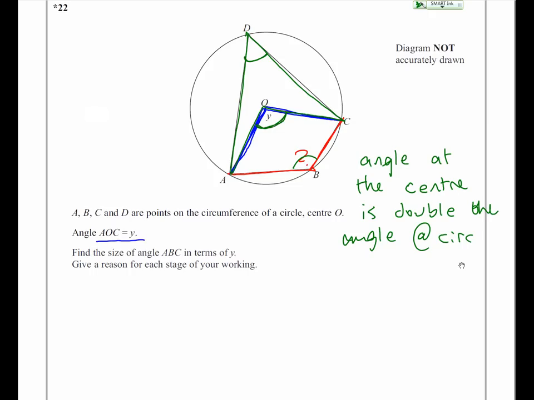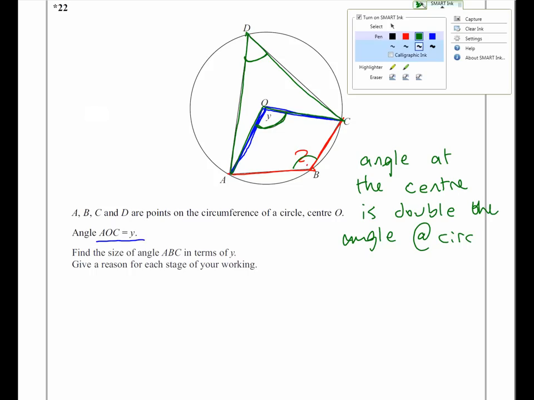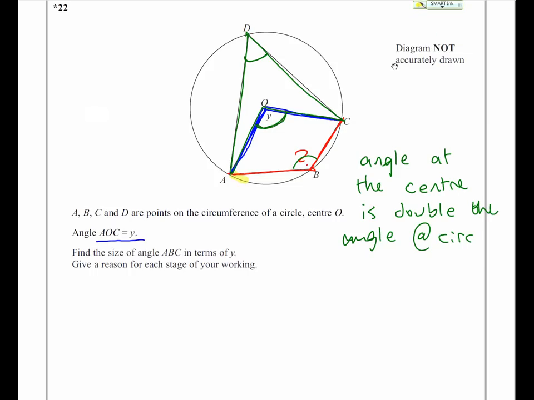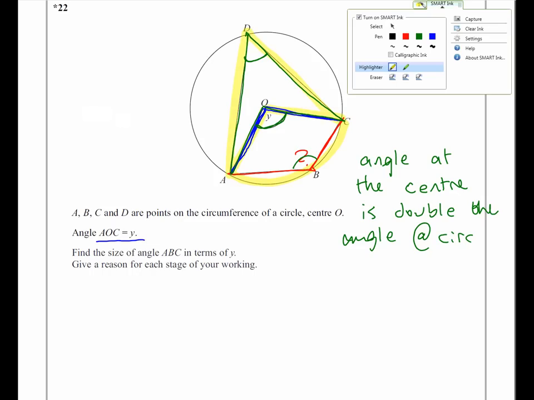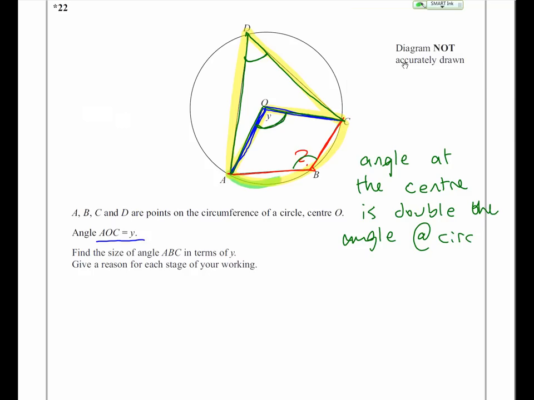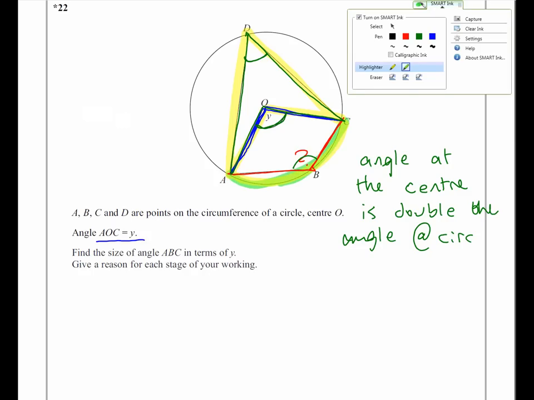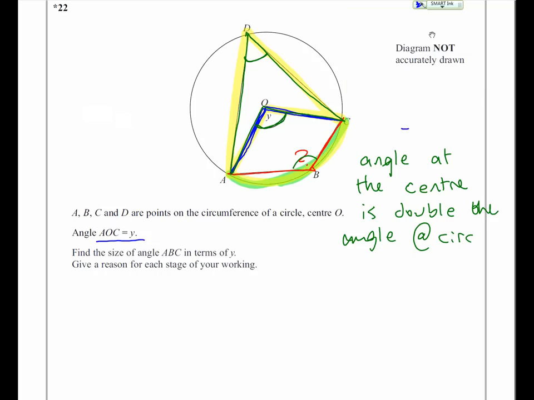And the thing that it says is when subtended from the same arc. So that means you've got an arc here. There's one going to the center. There's one going to the circumference. Can you see they're coming out of the same place? That's all it means. But it is important, otherwise you could just draw on any random angle. Okay, so I'm going to add that in. Subtended from the same arc.